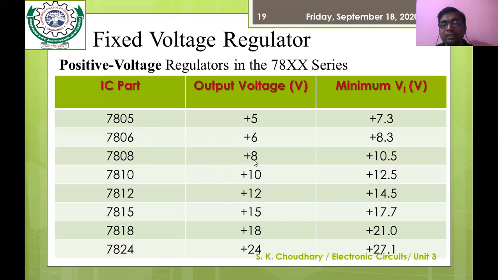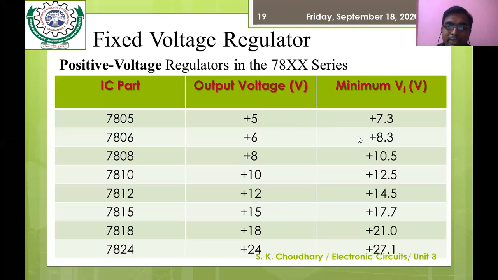So these are the fixed DC output voltages produced by this fixed voltage regulator. And what is the minimum input voltage required for producing this fixed output voltage? That is also very important, and according to that you have to choose the transformer. So if you want to produce plus 5 volts, you have to use a step-down transformer in such a way that it produces an input voltage of plus 7.3 volts.